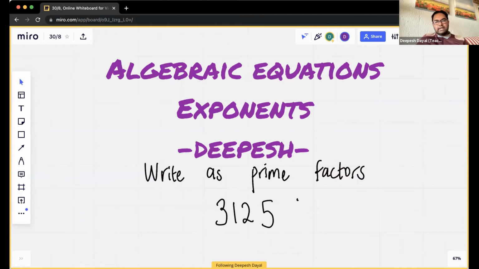So today we're going to be looking at exponents and algebraic equations, but you're going to be looking at converting 3,125 into its prime factors for me, so we can see how we can convert large numbers into prime. So, 3,125.